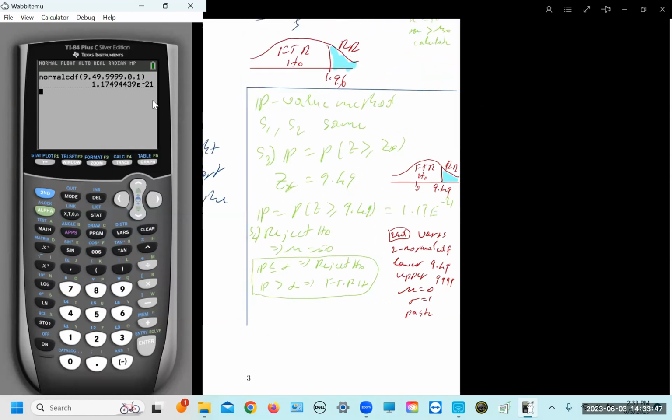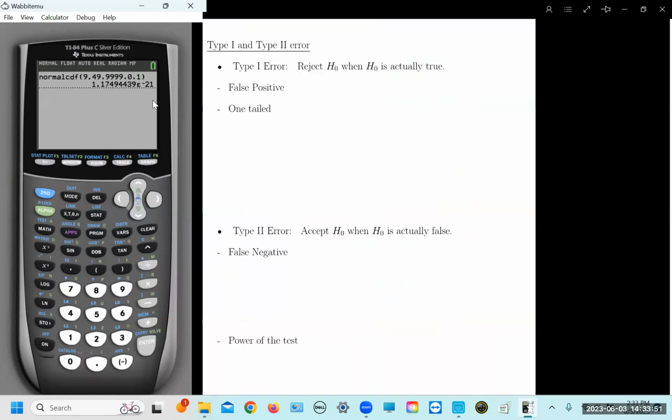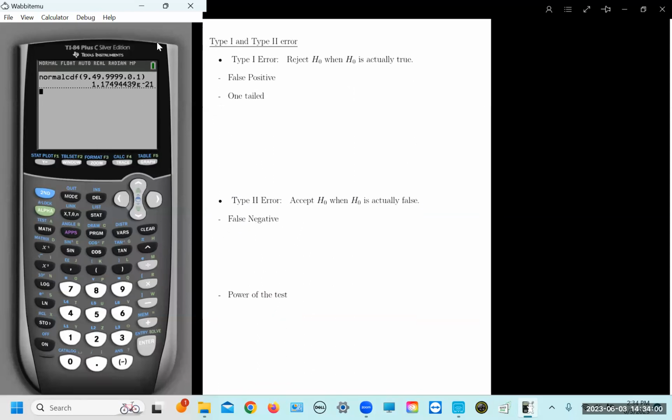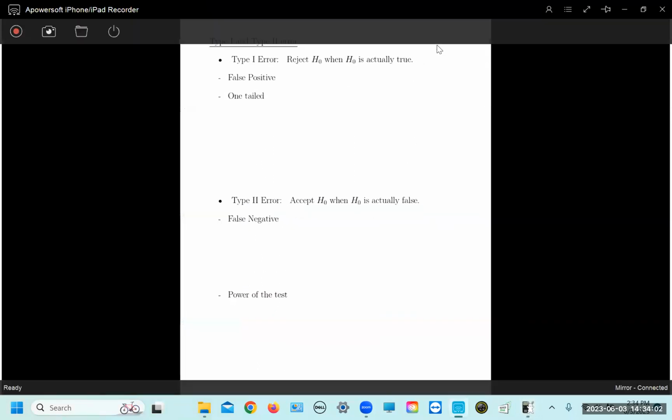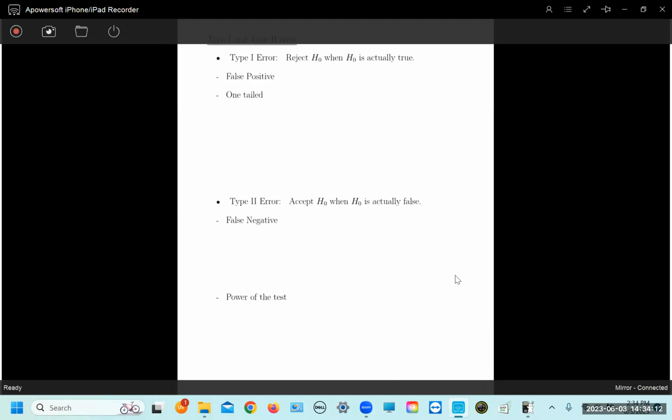Okay, and then we have the type 1 and type 2 error. Let me go down here. We can show this. So type 1, type 2.